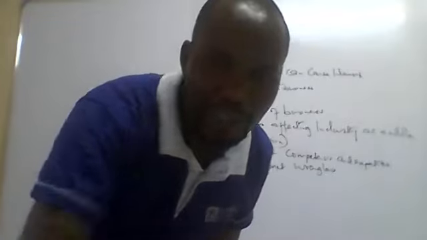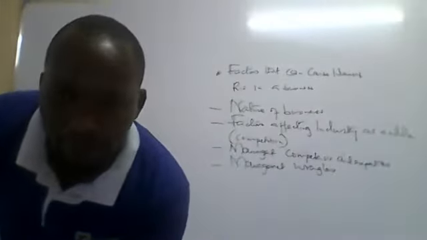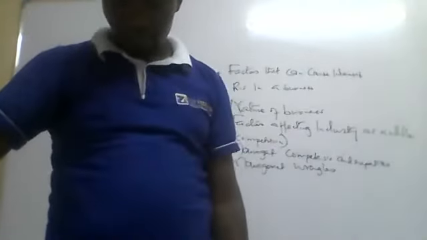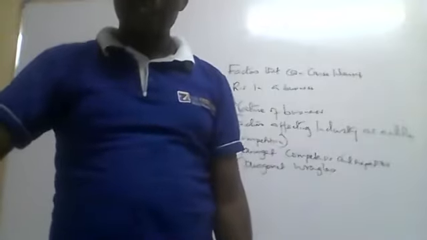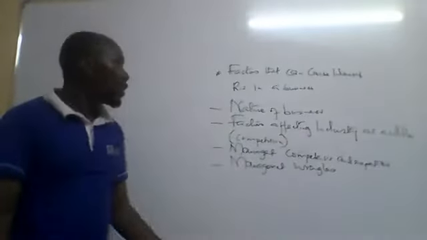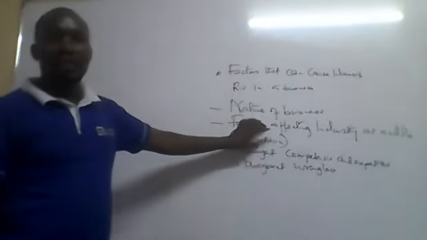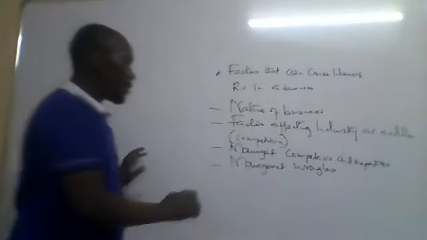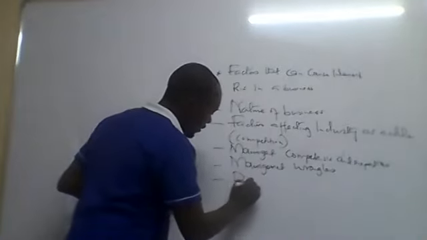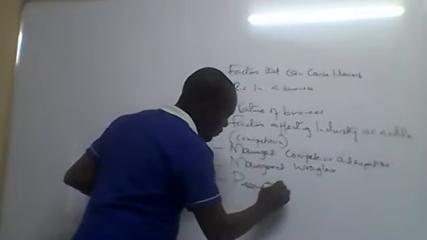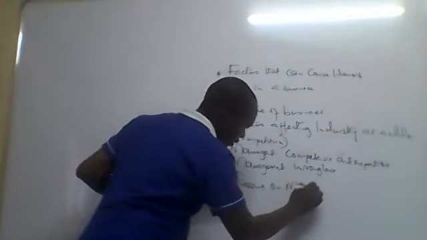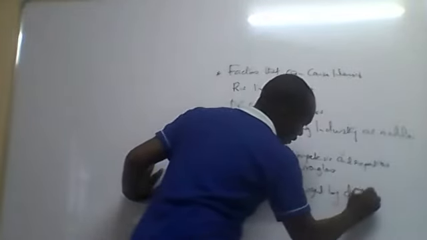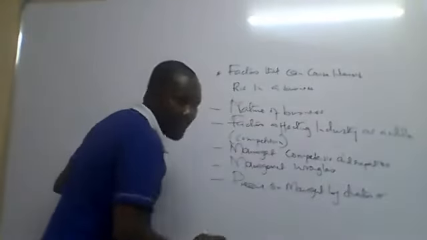Let me see what you've suggested. So we have other issues like pressure from directors. We have seen competition. There could be pressure from competitors. Then we also have pressure on management by directors or shareholders.